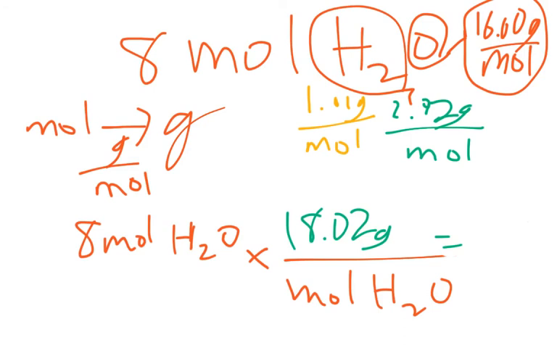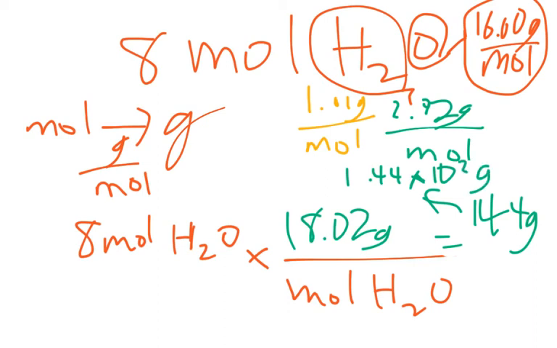When I took out a calculator, I calculated 144 grams, but we need 1 sig fig. So we have to convert this into something that has 1 sig fig. We can convert this to scientific notation first: 1.44 times 10 to the second grams, and we want 1 sig fig.